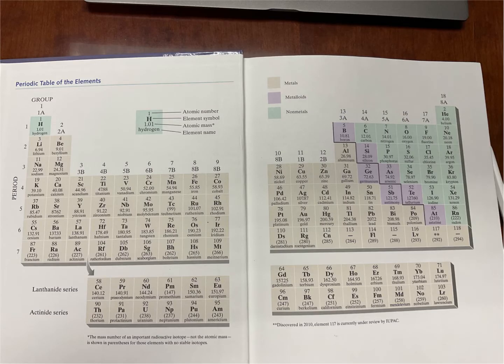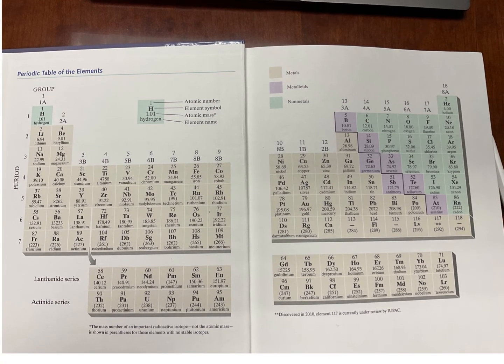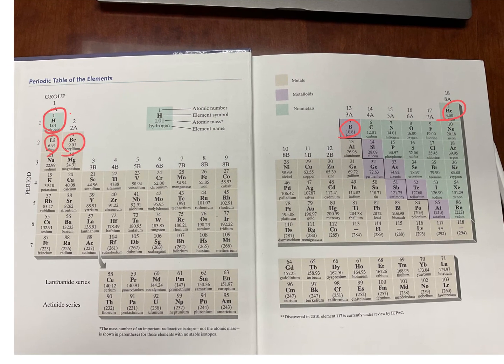When I say we arrange the elements based on this property, it means we have first hydrogen, I choose red, hydrogen, and then helium, and then lithium, beryllium, and boron, carbon, nitrogen, oxygen, fluorine, neon.